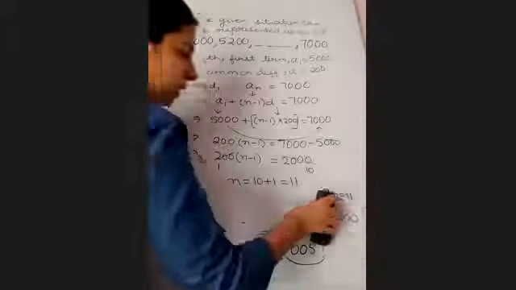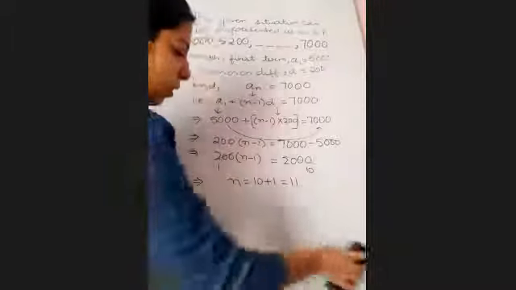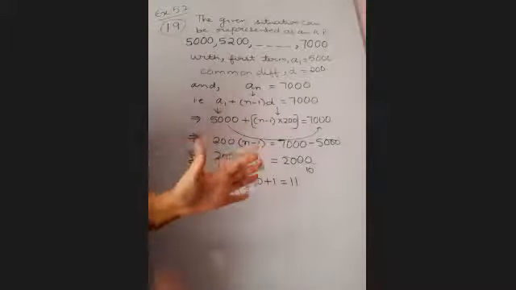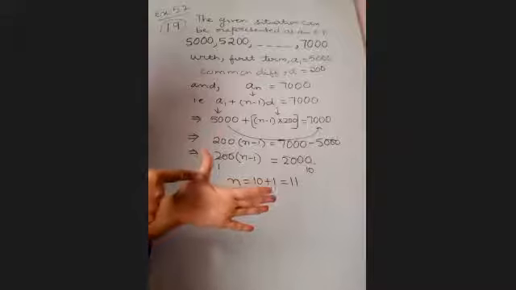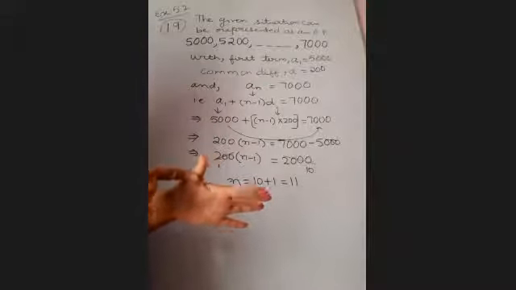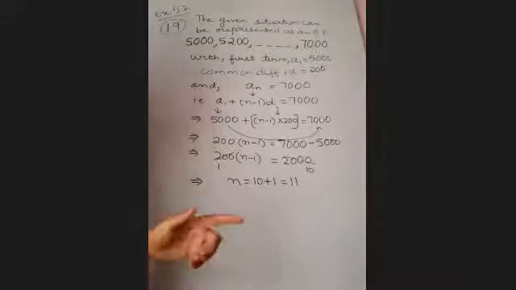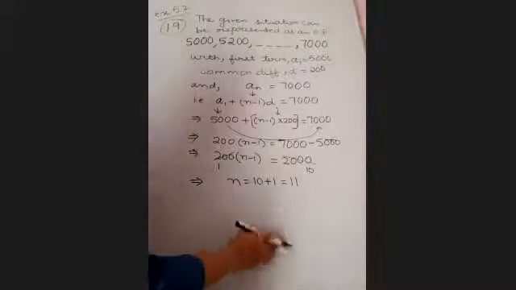This is a small calculation. You can even count on your fingers if you want to cross-check: 95, 5,000; 96, 5,200; 97, 5,400. Likewise, you can count and see in how many years you will get 7,000. Okay?